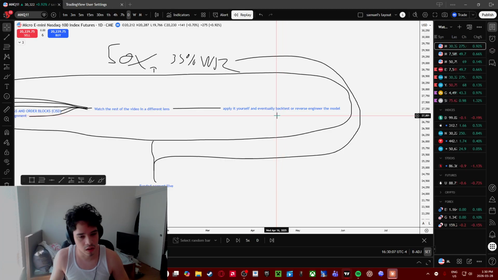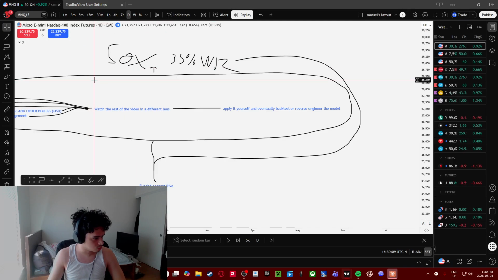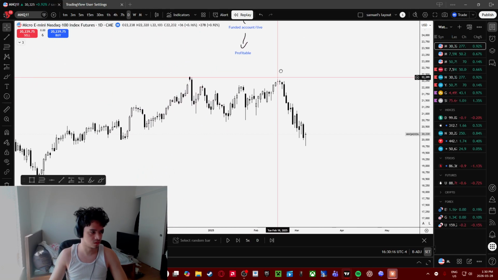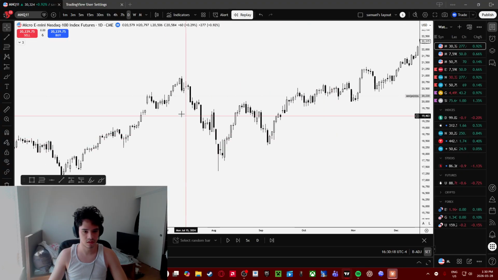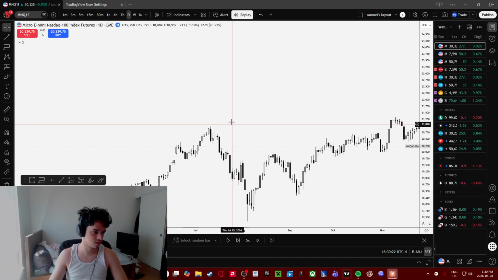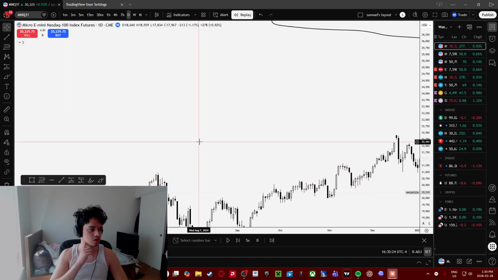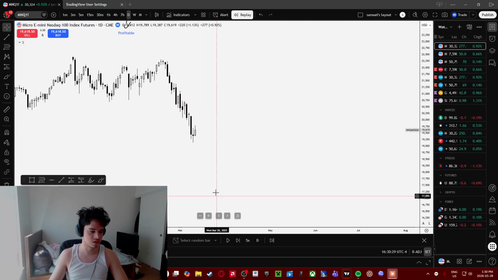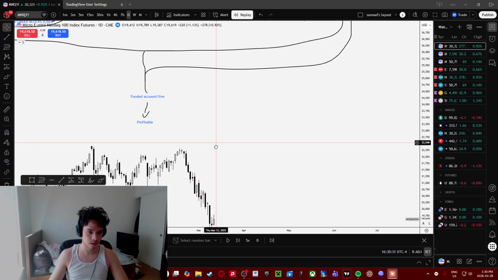You can go to the chart, go to an old date, and see the model playing out. So you just see an expansion day, and then you go down the time frames, and you see where the model played out. You can do either that or backtest it, going as the chart goes in replay mode.